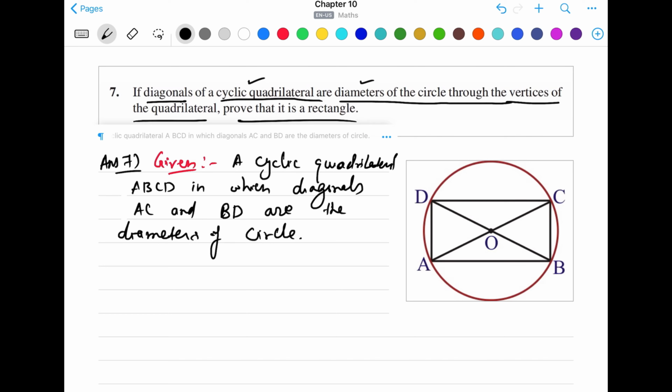So these two are the diameters of the circle, that means they are passing through the center. What we have to prove here is that ABCD is a rectangle.